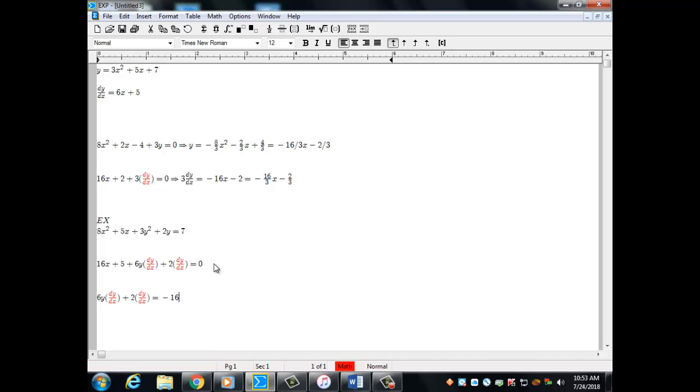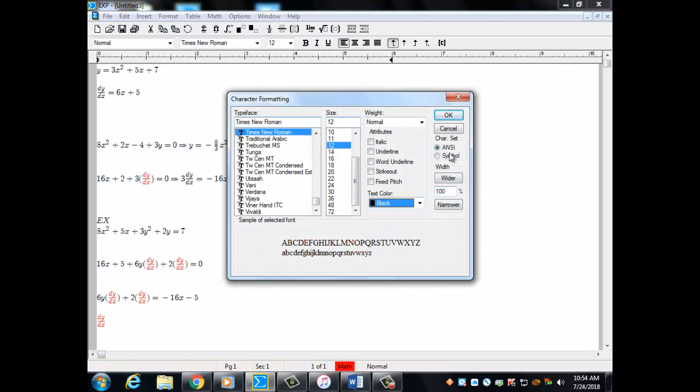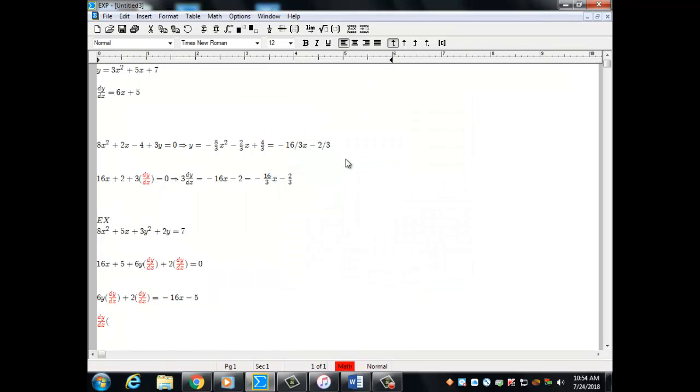So negative 16x minus 5. All right? Now, how do I solve for dy/dx? Factor out dy/dx: 6y plus 2 equals this.